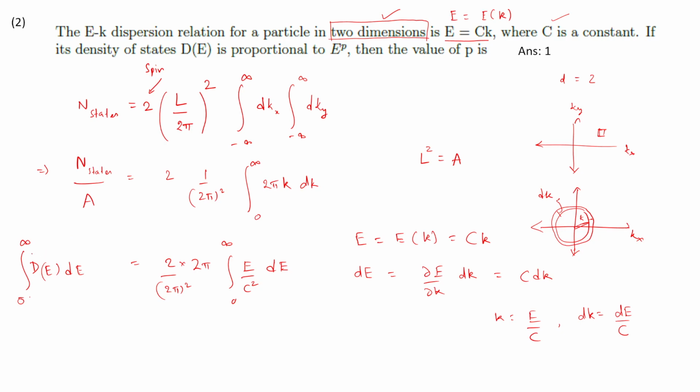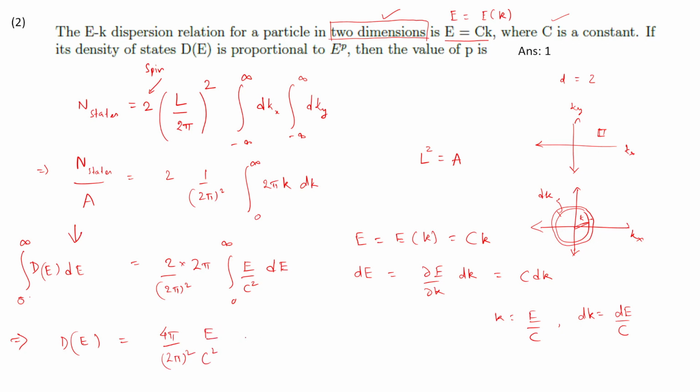It will be integral 0 to infinity of g(E) times dE. So on comparing, this thing is equal to this. So here what we get is g(E) is equal to 4 pi over 2 pi whole square into c square times E.